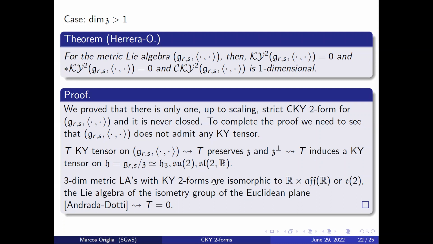But there is a classification of three-dimensional Lie algebras with Killing 2-forms, and they are just E2 or the trivial extension of the affine Lie algebra. So they are not Killing 2-forms. So the only conformal Killing is the one we exhibit in the classification. And again, as I said, it's not Killing and it's not star Killing. So it's very different from the Sasakian case, where everything is a combination of Killing and star Killing.